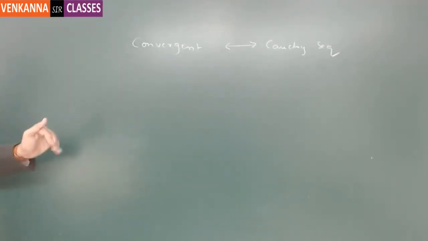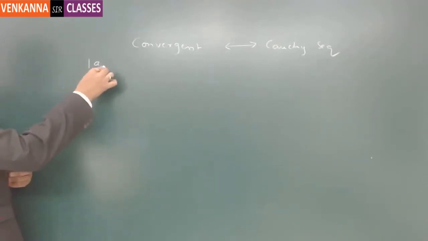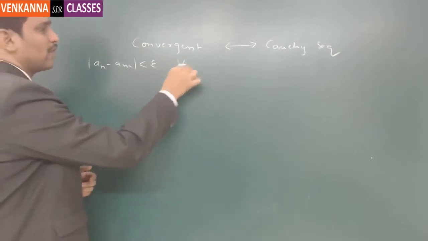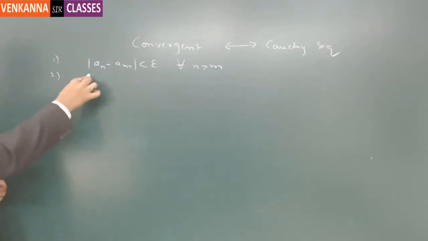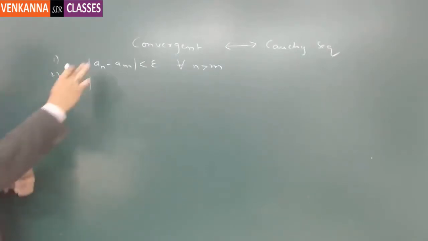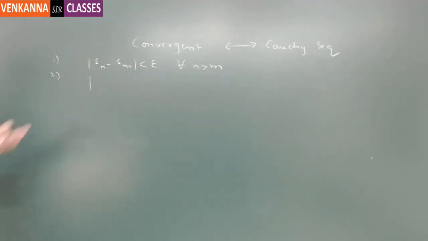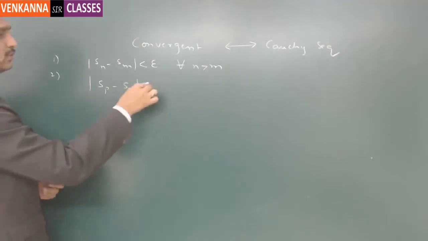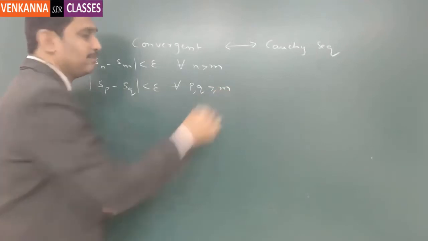You are just proving that the sequence is a Cauchy sequence, and the definition is given by modulus of a_n minus a_m less than epsilon for all n greater than m, or if you use the symbol S, we write |S_n minus S_m| less than epsilon for all n greater than m, or |S_p minus S_q| less than epsilon for all p, q greater than or equal to m.